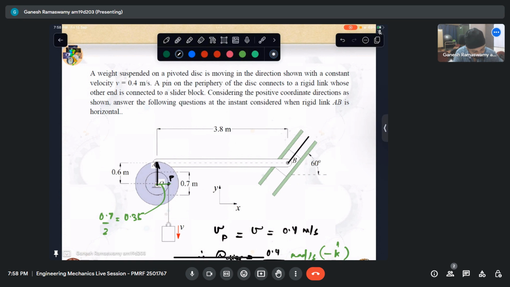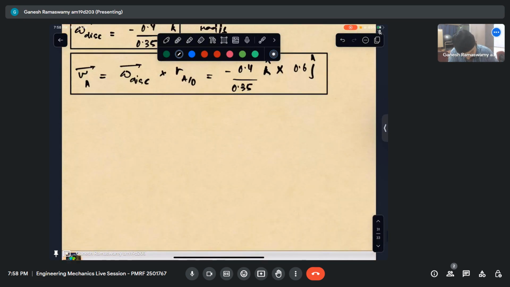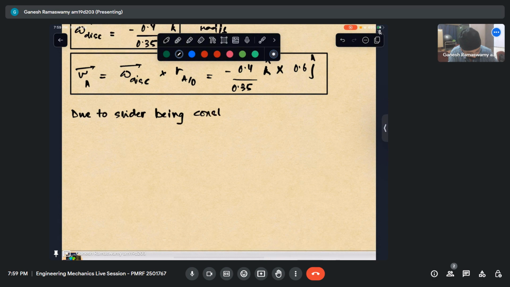So what do we know? That velocity n cap is nothing but cos 60 i cap plus sin 60 j cap. This is 60 degrees.